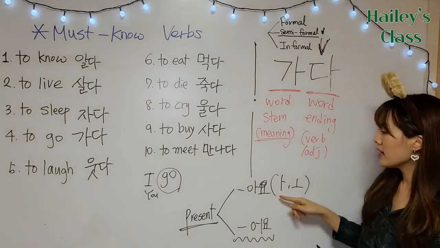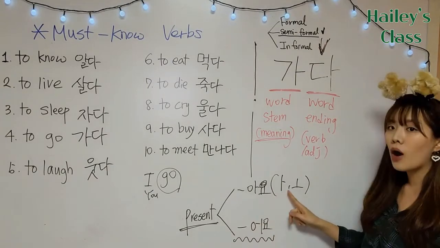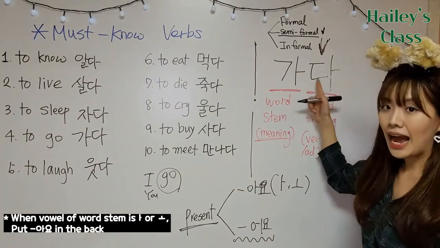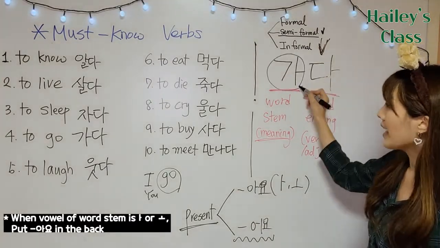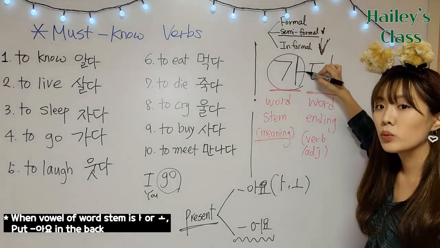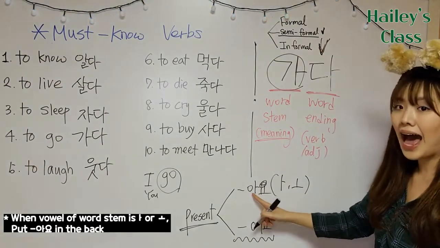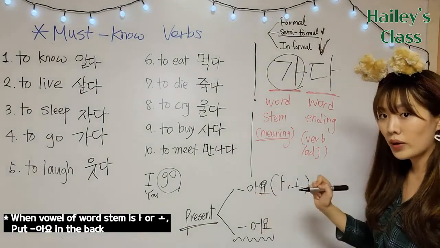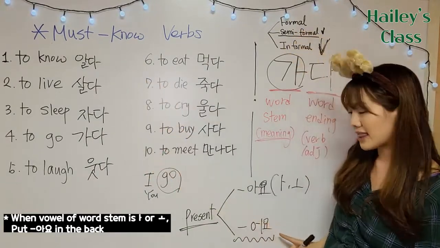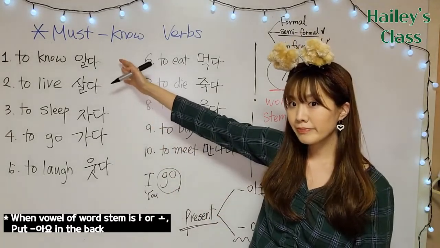Everything is 어요, but when it ends with 아 or 오, we put 아요. For example, 가다. When we see 가 here, it ends with 아, right? And since it ends with 아, we have to put 아요. Okay? Got this? Good. So let's apply this grammar rule here. Okay? Got it?